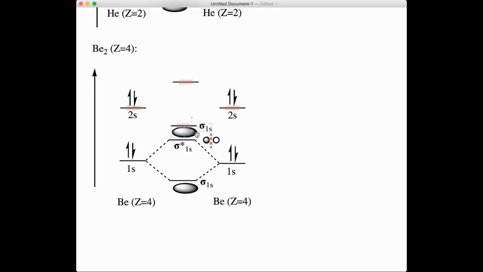It's going to look exactly like this one. I'm going to move the shape over here for convenience. So this is sigma 2s bonding, and then we have the sigma 2s antibonding up there, exactly as before.